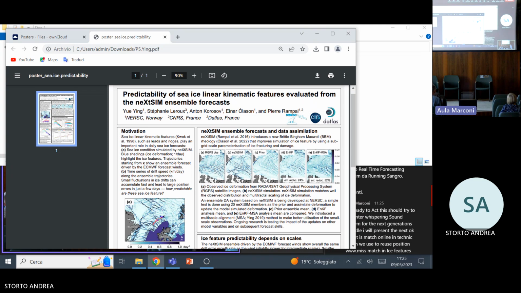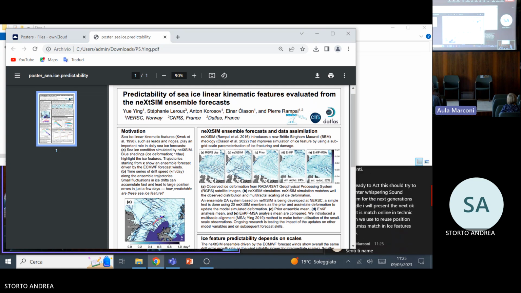First, I apologize for the slightly different name of the poster. I merged the DA part with a bit of the predictability part because we are also exploring how predictable the sea ice is. The second thing I need to apologize for is that I forgot this poster in my hotel room today. I hope tomorrow I can bring it and you get a chance to see it. Thanks.